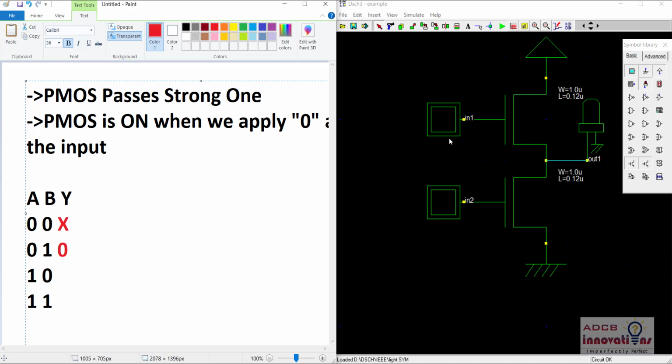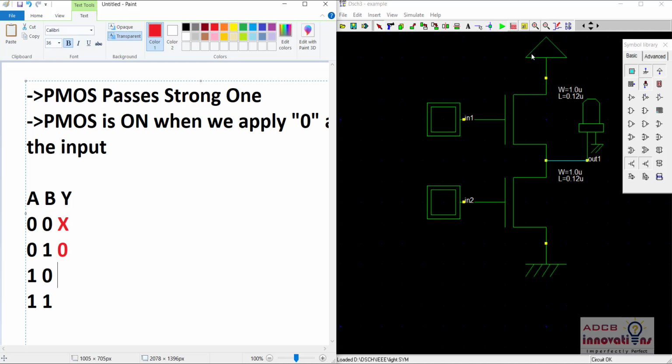Now talking about the first one being 1 and the second one being 0. In this case, this will be short circuited and this will be open circuited. Logic 1, the higher voltage, should pass through this NMOS towards the LED. However, before that, this is open circuited, so there is no ground connection.